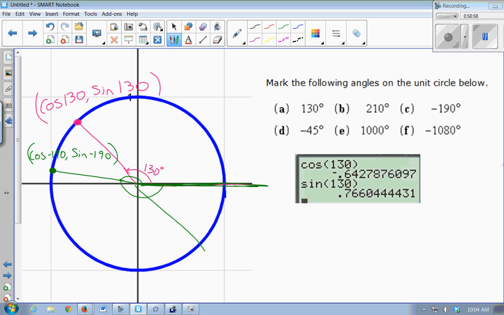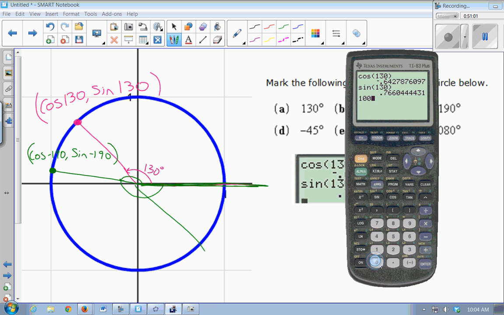So let's see, 1,000 minus 360 minus 360, because you can keep subtracting 360 and you'll land in the same exact place. You can always add 360. So 280, it's not the same as 130. I might have had different numbers than you.